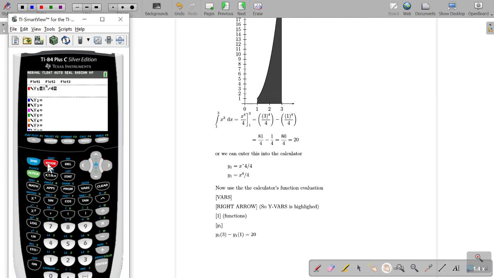So now we'll quit, variables, y variables, function y1, and we have y1 of 3 minus y1 of 1. Hit enter, and notice we get exactly 20.